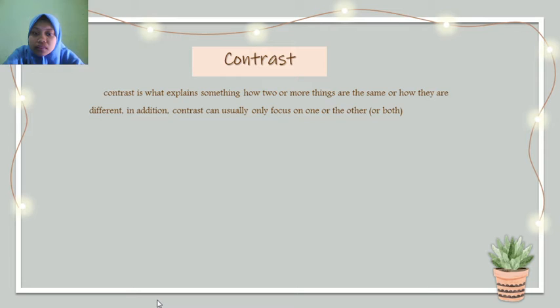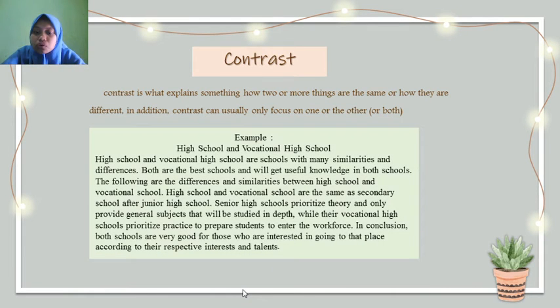The following is an example of a contrast showing the difference between high school and vocational high school. High school and vocational high school are schools with many similarities and differences, but both are good schools and you will get useful knowledge in both schools.